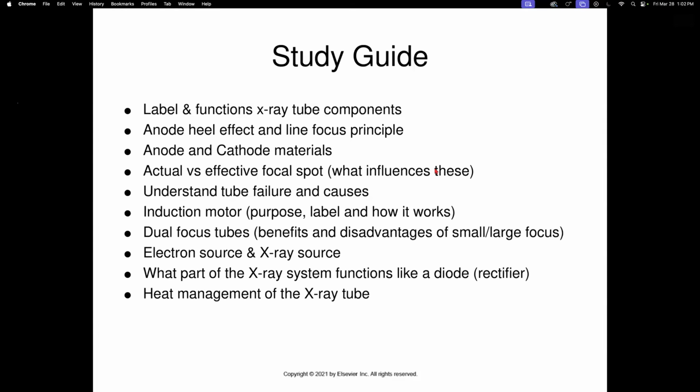Is that helping you? Radiation leakage. Oh, look at that. That makes me so happy. Nicely done.